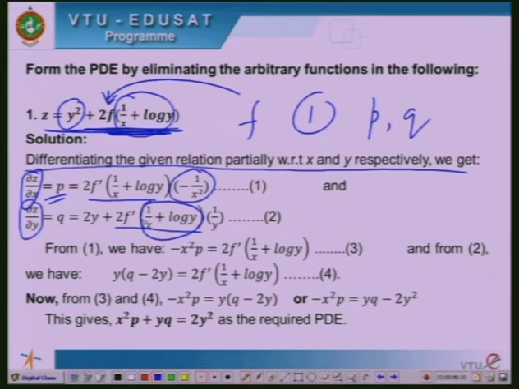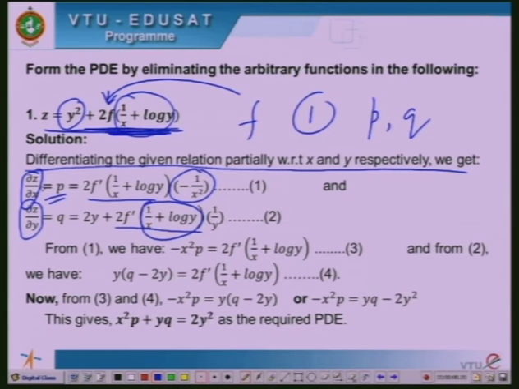Now, the aim in this problem is to remove the arbitrary function f. So, how to do that? Go to expressions 1 and 2. From equation 1, if you simplify, shift the x square to the LHS, and the negative sign also.